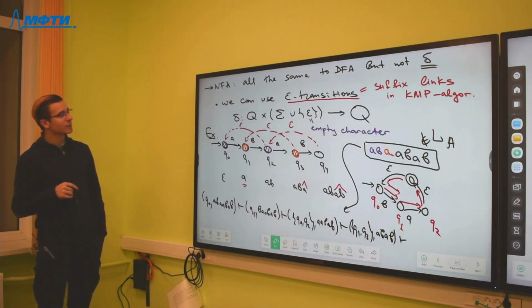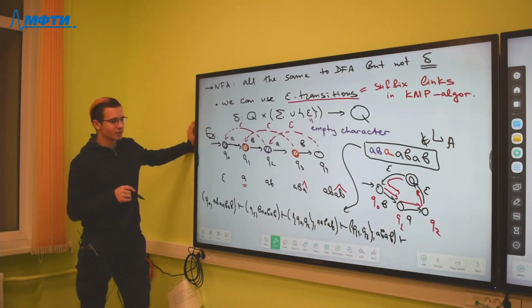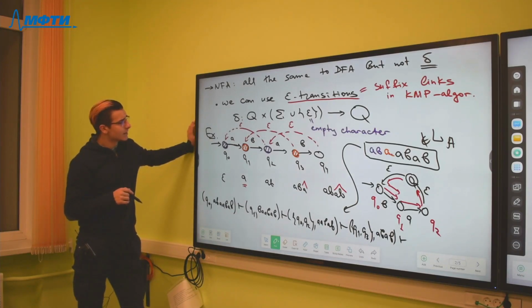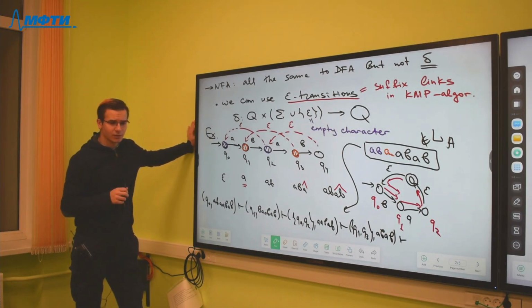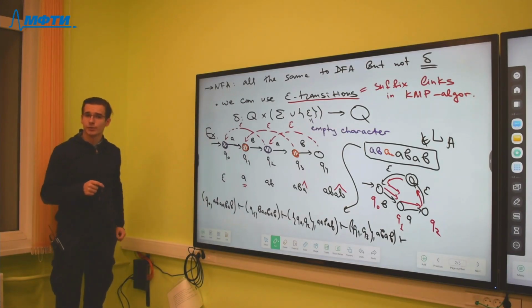We finish with the topic dynamic programming and finite automata, and then we start a very short module with the name algorithm that is connected with modular arithmetic, and we talk about modular arithmetic.